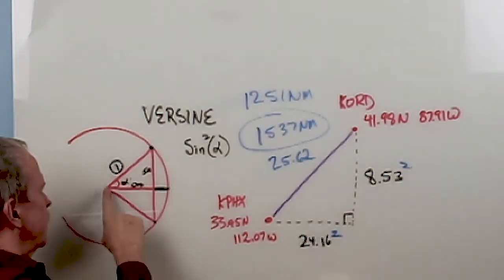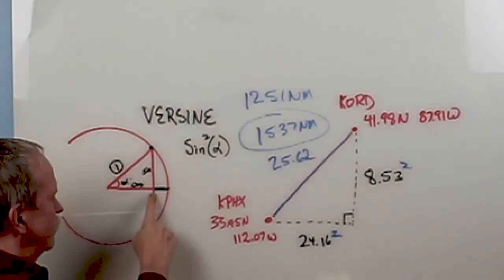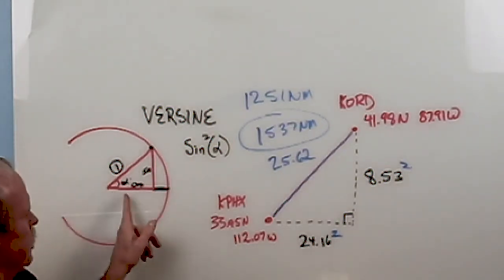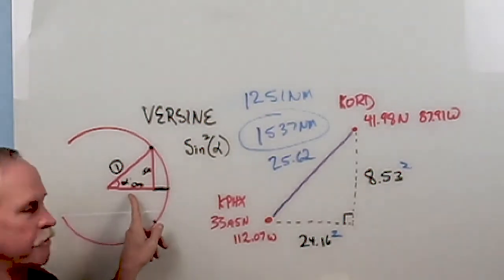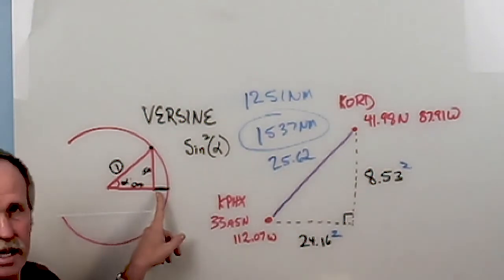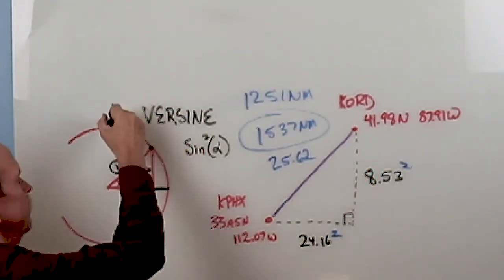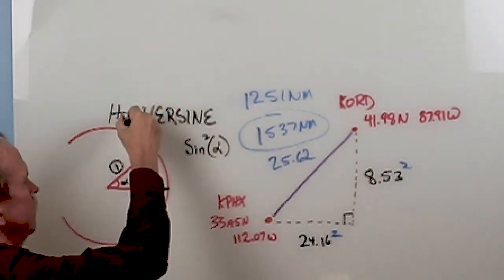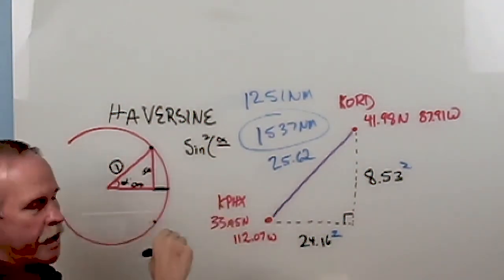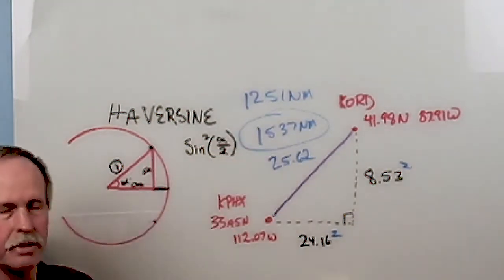If you were to take this angle out, and just talk about the original angle alpha and that full versine, this now would be the versine of half the angle, and that has a special name. It's called a haversine. And the formula for a haversine is the sine square of the angle divided by 2.